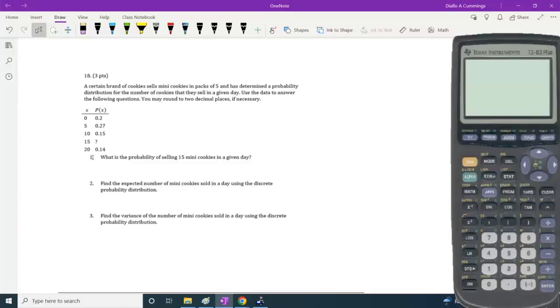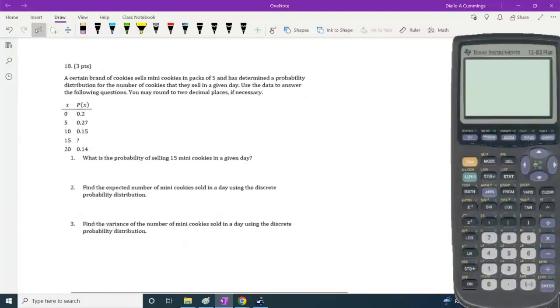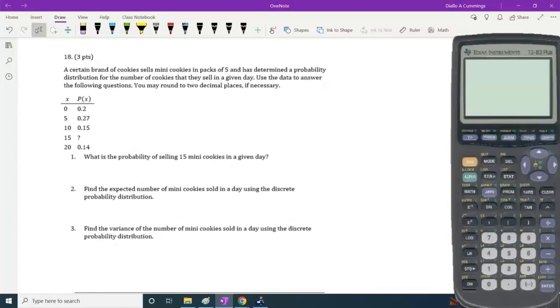All right. So here is problem number 18. It says a certain brand of cookies sells many cookies in packs of 5 and has determined a probability distribution for the number of cookies that they sell in a given day. Use the data to answer the following questions.